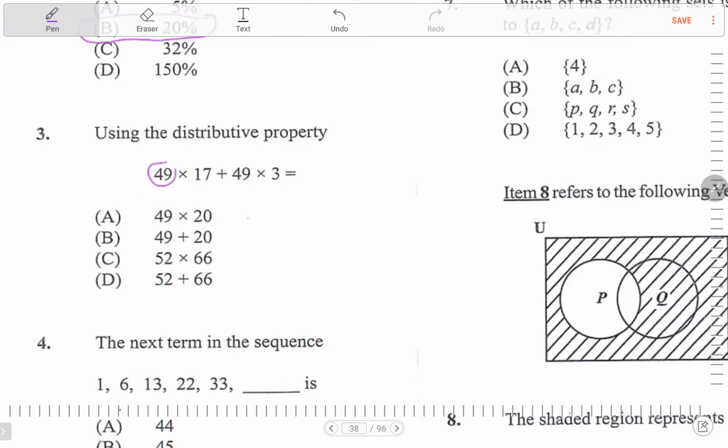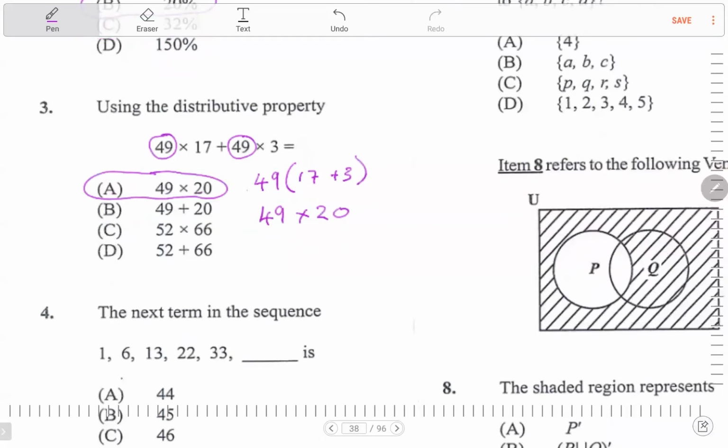You're making the 49 the factor, and so it becomes 49 bracket 17 plus 3. That becomes 49 times 20. And so that is it. Remember, the distributive law is about factorizing and expansion basically.